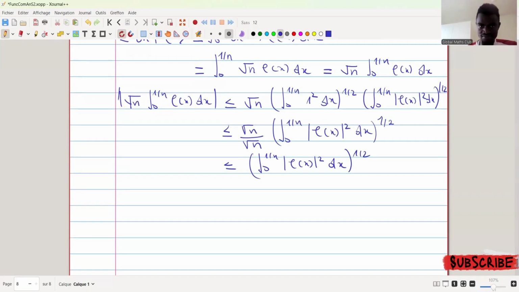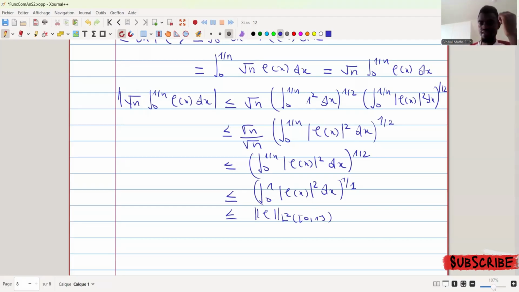And don't forget that this one is also less than this quantity, which is the L2 norm of phi.